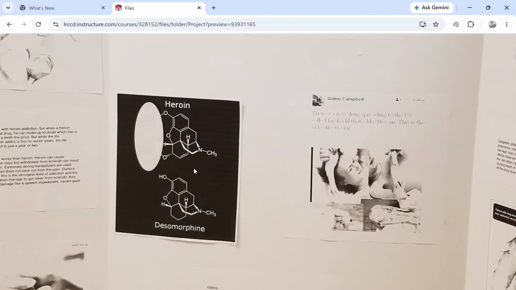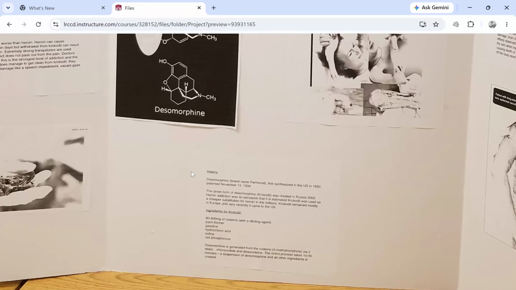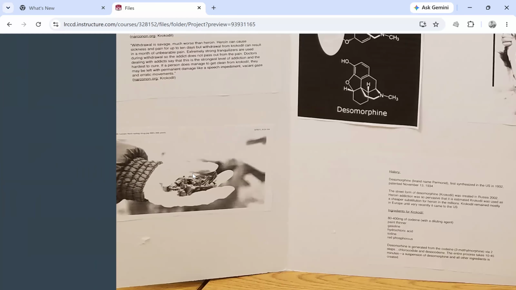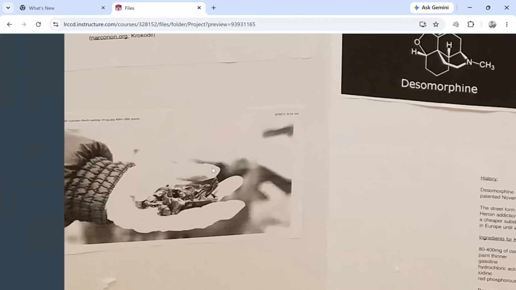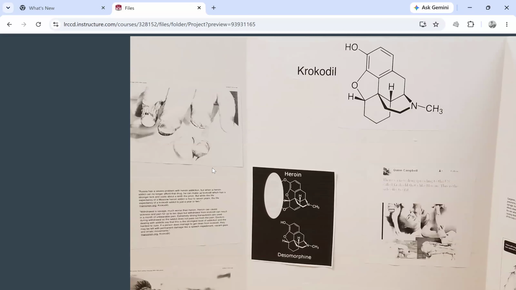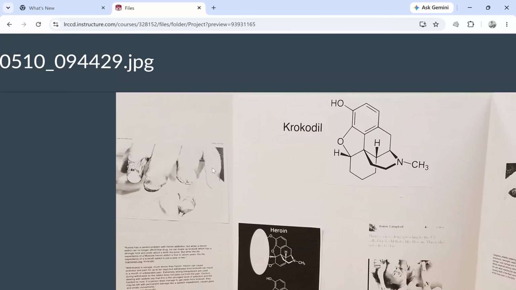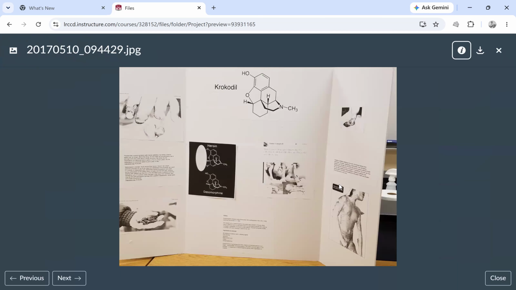The problem is the high is higher than heroin, and it doesn't last as long, and it dissolves tissue on the injection site. These pictures didn't come through very well, but it actually dissolves the tissue. It's really awful stuff. Anyway, so 3-panel poster, and then you're going to have a 1,000-word essay that goes along with it.